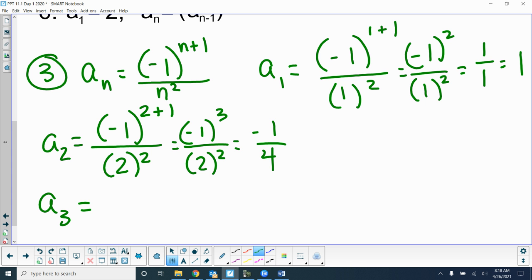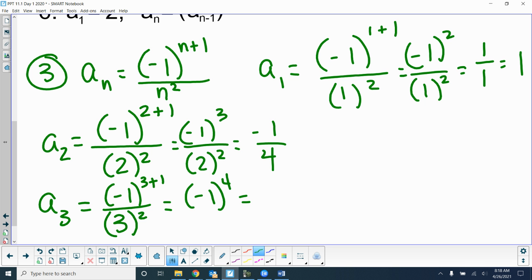That means n is 3. Three plus 1 is 4. So what's a -1 to an even power? +1. And then 3 squared is 9. So it'd be +1, -1/4, +1/9. I think it's going to alternate. It's going to be positive, negative as you go.